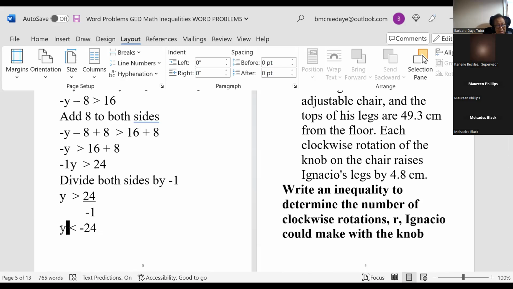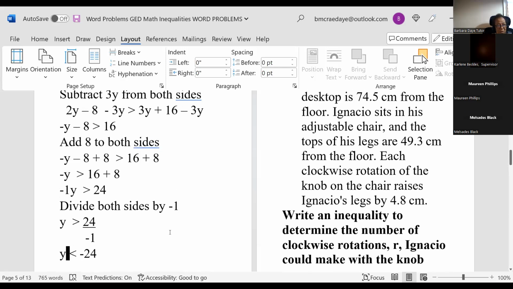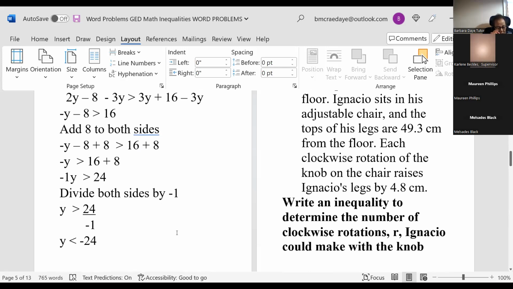Miss, right there it just sounds so confusing because you're saying minus negative 24. Sorry, not minus, divided by. Oh, that's division, okay. Mercedes, 24 over -1. Right there we divide both sides by -1, so that's why 24 becomes negative 24.